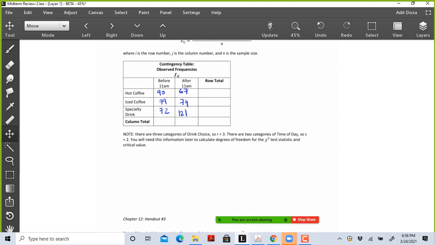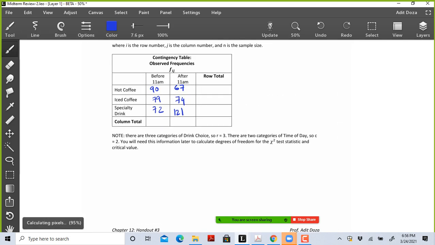To find the row total, we first have to sum the rows. So 90 plus 67, what is the row total here? 157. What's the row total for this one? 79 and 74, that's 153.